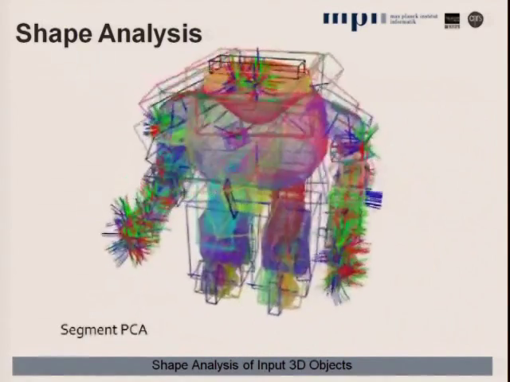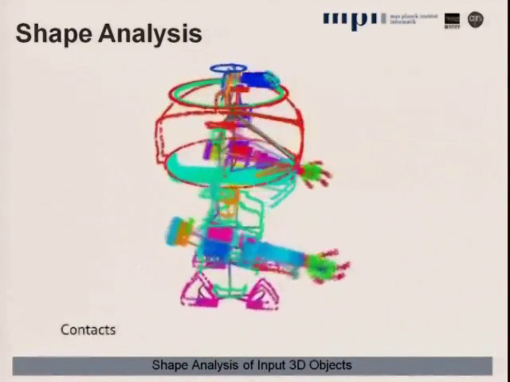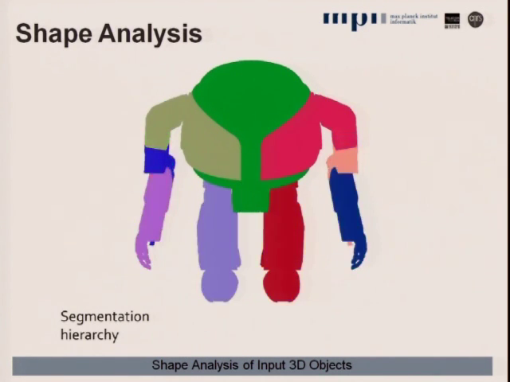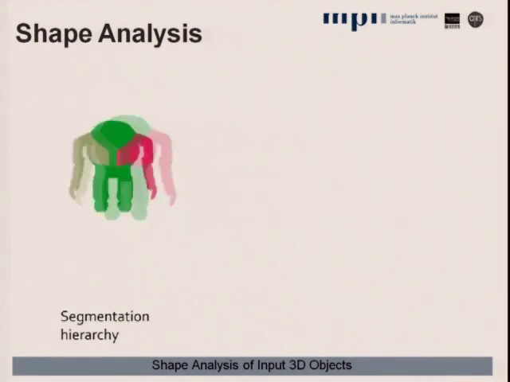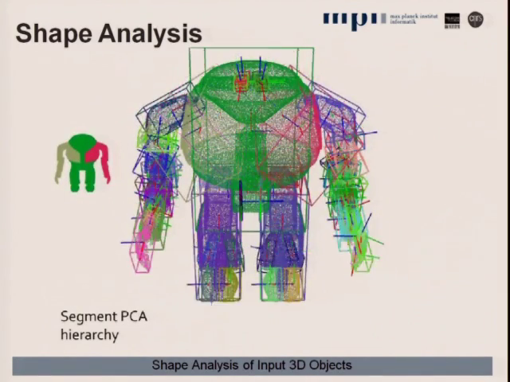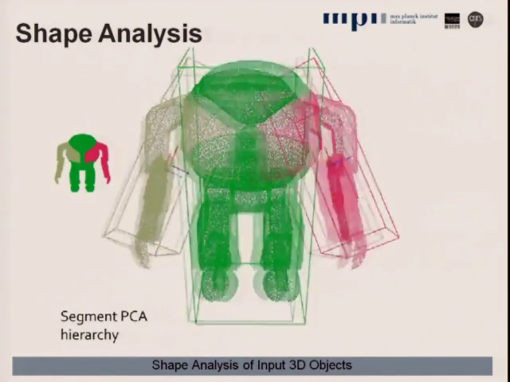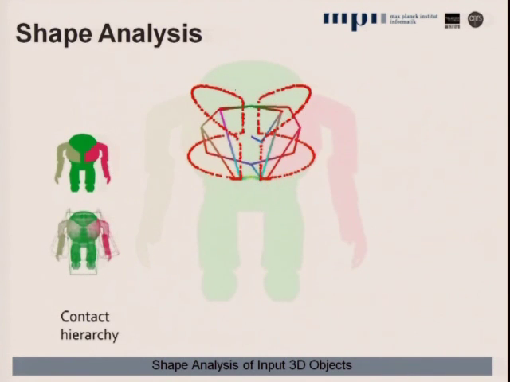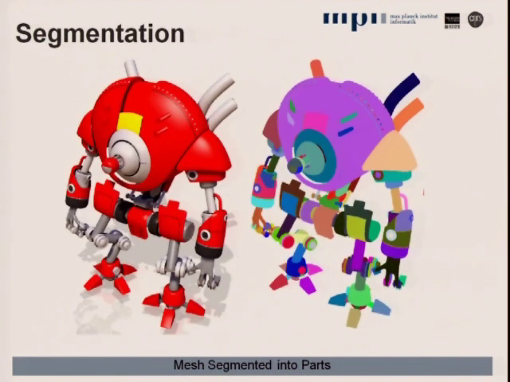First we perform segmentation, then we perform PCA, we perform contact analysis, and we do all this in a hierarchy. Here you see different hierarchy levels for the segmentation, for the PCA, and several hierarchy levels for the contact analysis. I go now through all these steps in a bit more detail.